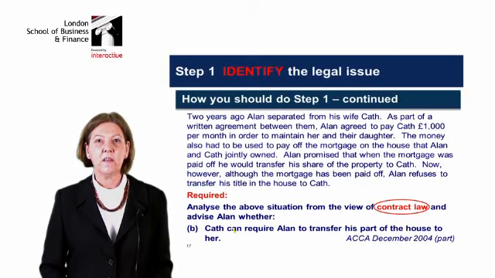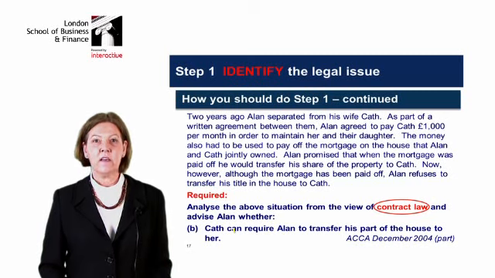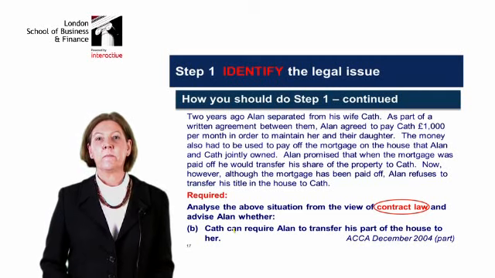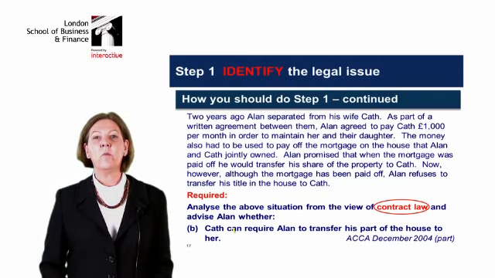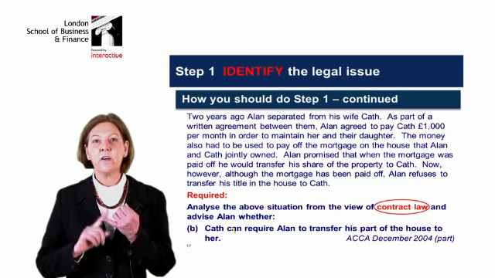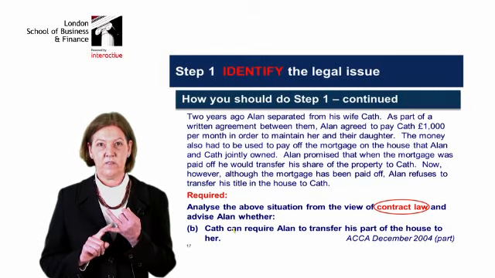Well, you should be thinking, he can only do that if there is a binding contract between them. So this question then is something to do with formation of a contract. That means it could be about one or more of the three essential elements for the formation of a contract. It could be about agreement, i.e. offer and acceptance.